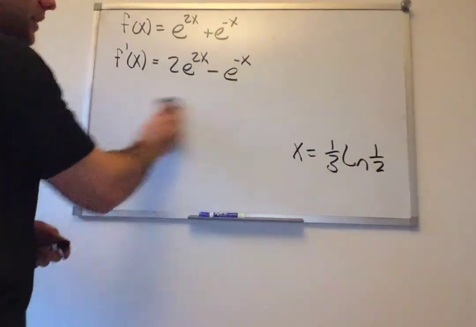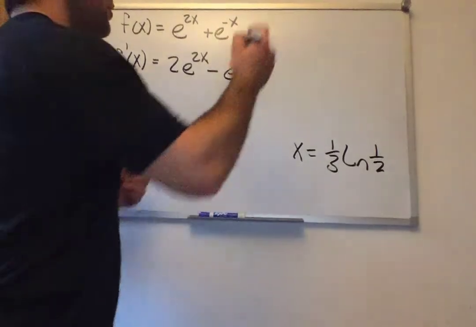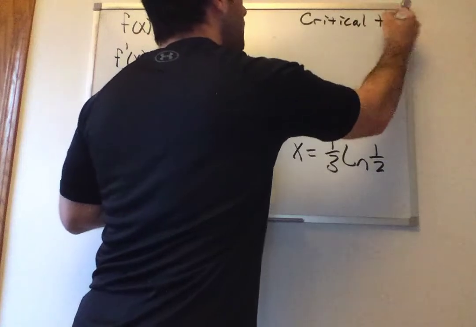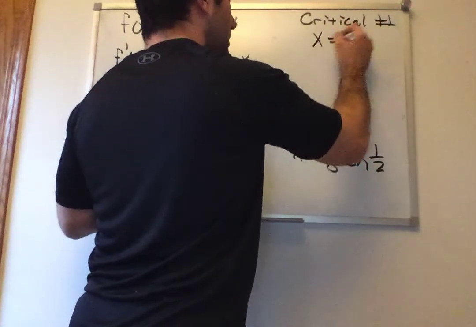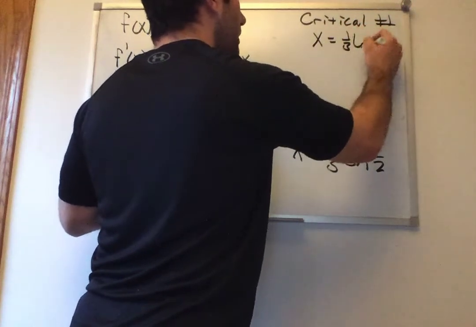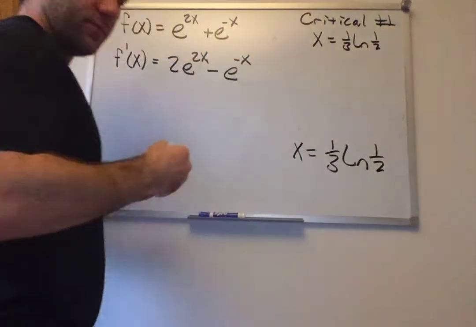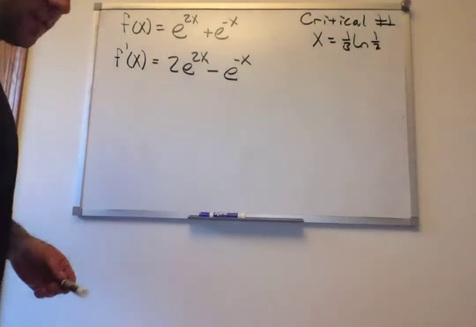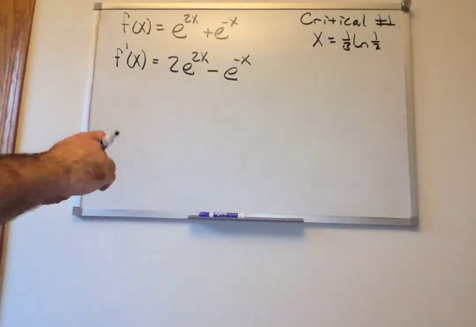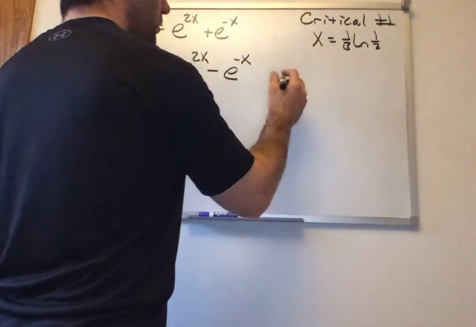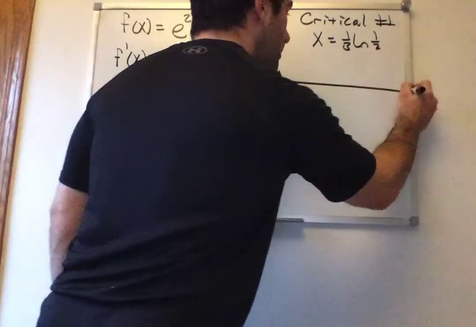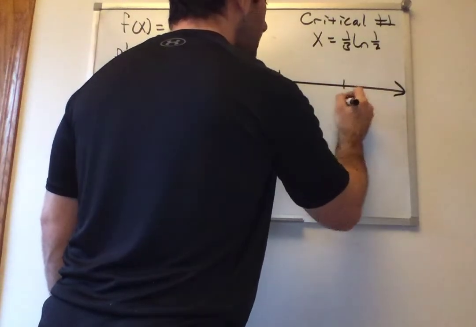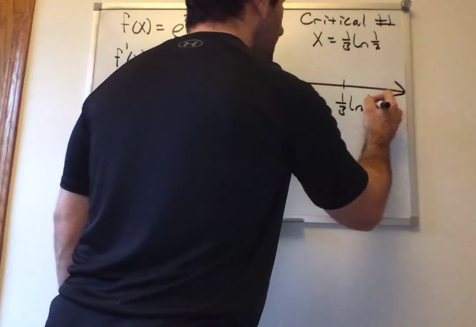I'm going to leave it in exact form, okay? So we still need our derivative. I'm going to take our critical number, write it up here. x is equal to 1/3 ln of 1/2. Okay, so now we've got a number line, and somewhere on this number line is 1/3 ln of 1/2.